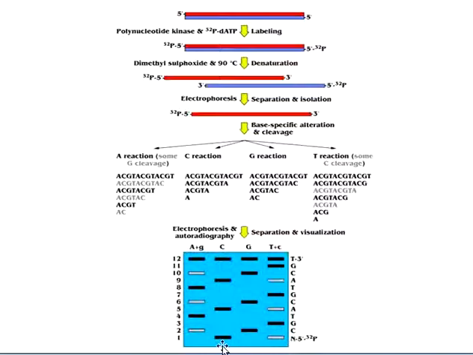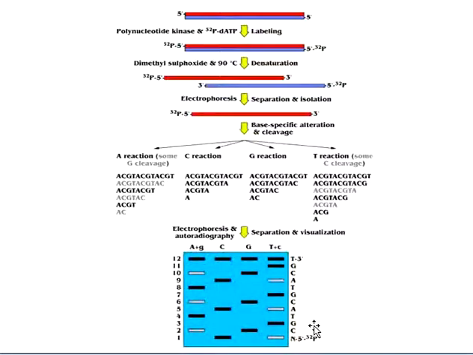If we compare both, the band is present in the C lane and also in the T plus C lane. So this band corresponds to the presence of a C nucleotide. So the first nucleotide determined here, by comparing the C well and the T plus C reaction, is a C nucleotide.